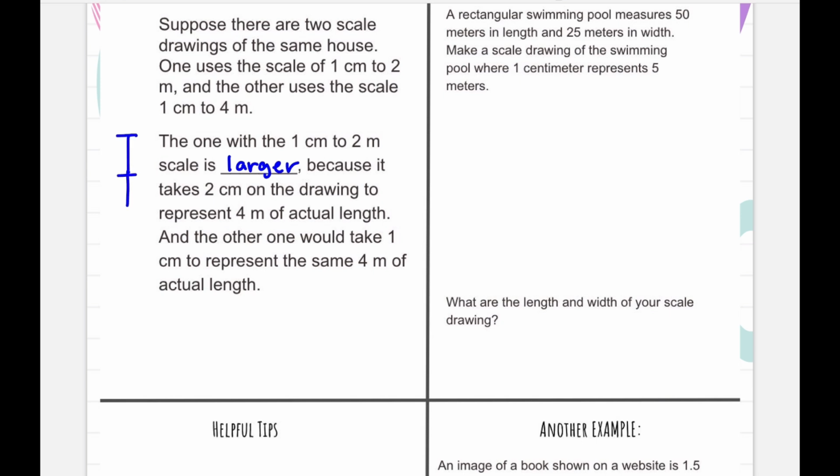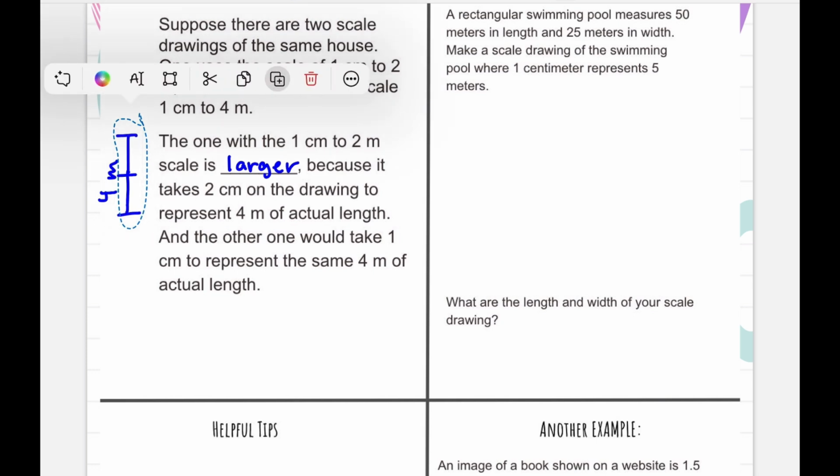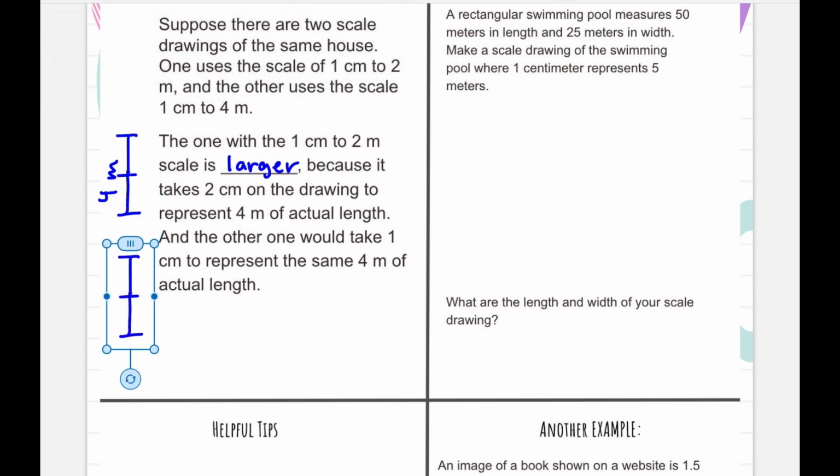It would be 2 full centimeters, and those 2 full centimeters would represent 4 meters on the actual, where using the other one, that same distance of 2 centimeters would actually represent 8 meters. So we can shrink how much space we're taking just by changing the scale factor.